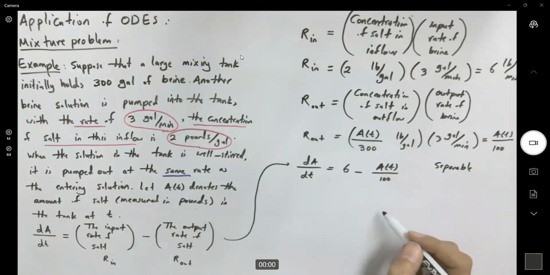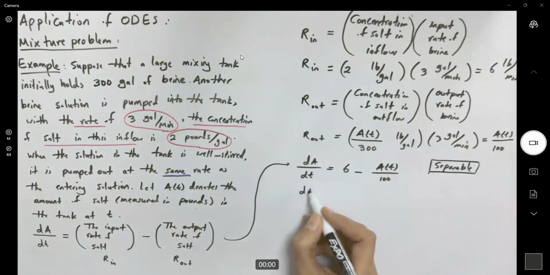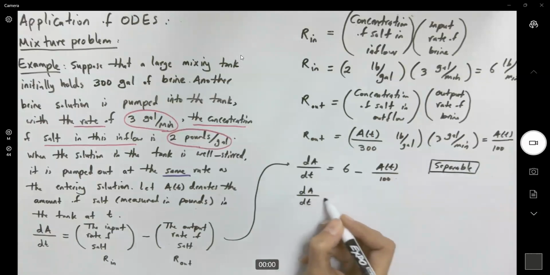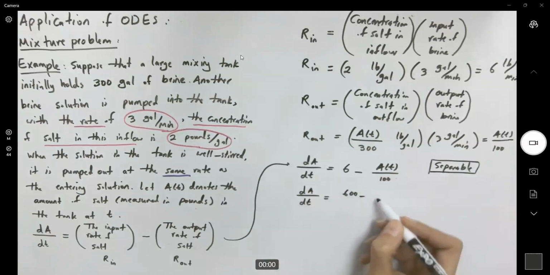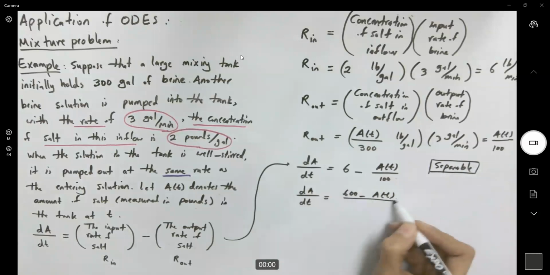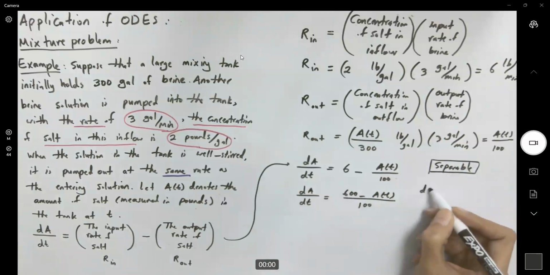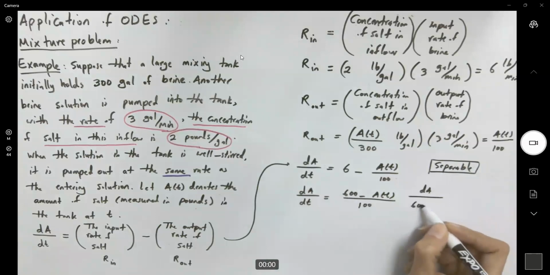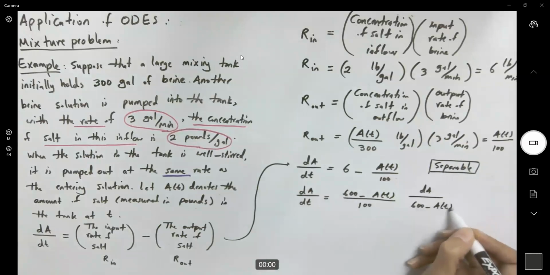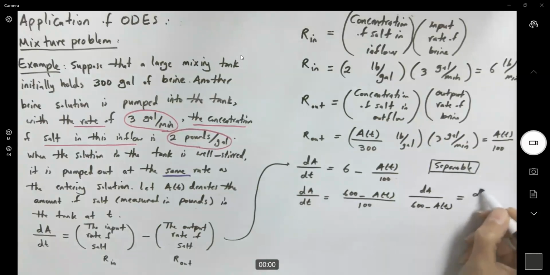Then you can solve by any appropriate method that you feel comfortable working with. If we work with the separable differential equation, we get dA/dt equals (600 minus A of t) divided by 100. So dA divided by (600 minus A) is equal to dt over 100.